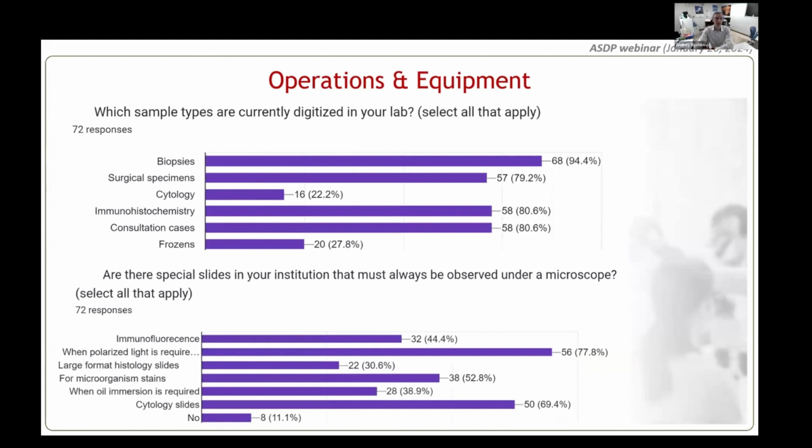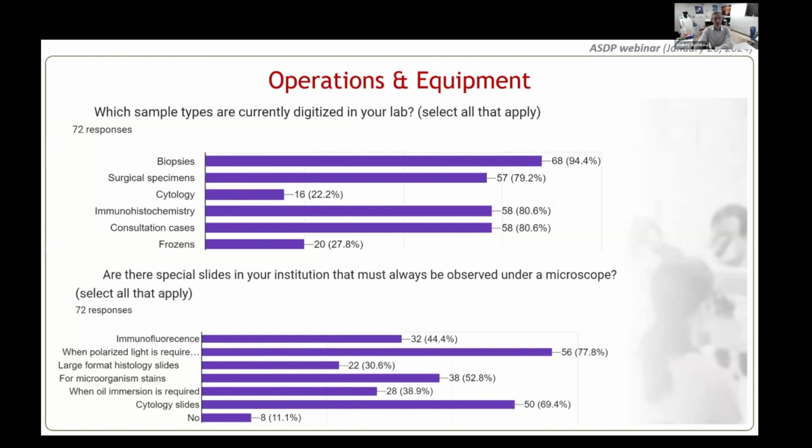Operations and equipment. Which sample types are currently digitized in your lab? There are biopsies, consultation cases, surgical specimens, and less frequently frozen and cytology. Then we asked about those slides that must always be observed under a microscope in their labs, which are, once again, labs equipped with a whole slide image scanner.